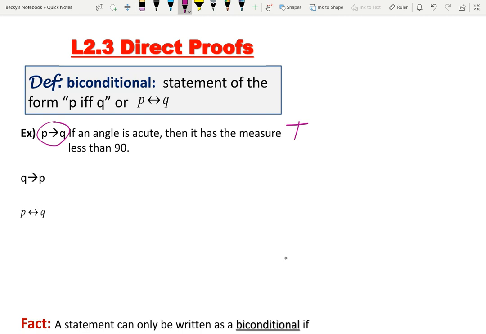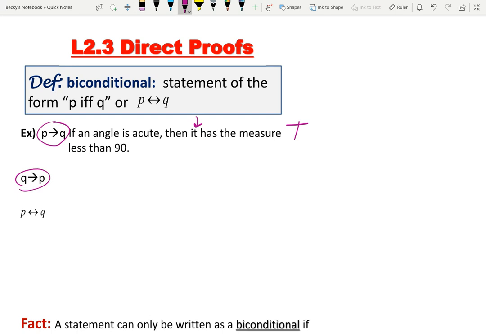If an angle is acute, then it measures less than 90. That's like the definition of acute. Now, the way definitions are built, when you read them backwards, the Q then P, they should also be true. Now, I can start with the word it. What is it? It is the angle.